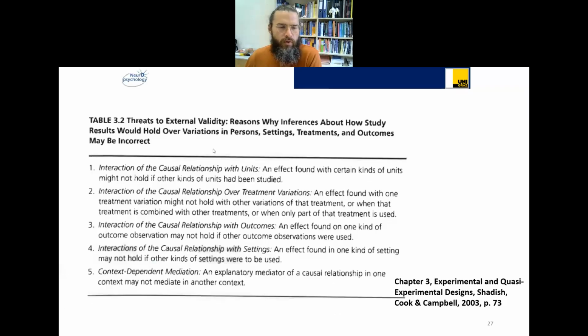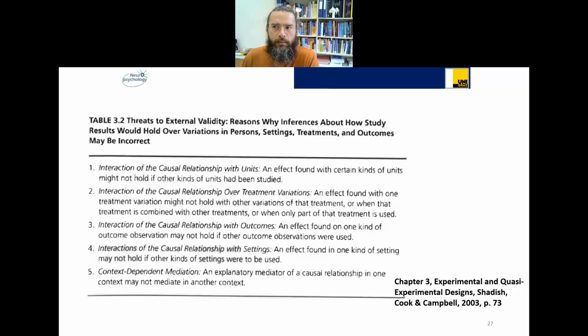Now we may talk about threats to external validity. External validity is our ability to generalize empirical results to further aspects of reality. One problem is when you may not distinguish between the impact of specific experimental units and the effects you observe. I can give you some examples of that.